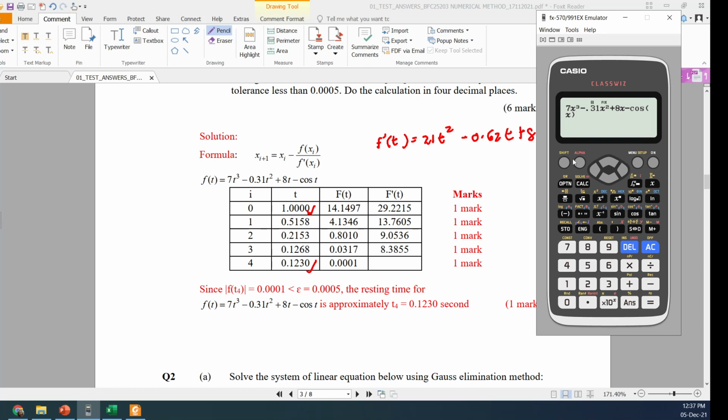Make sure in radian. Because you got trigonometric function, make sure in radian. Maybe you're not in radian. So calculate.